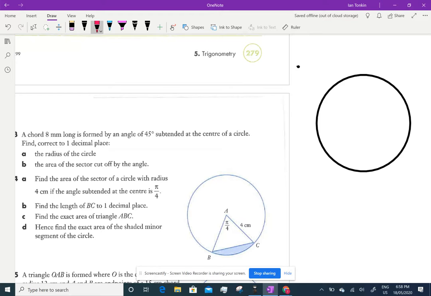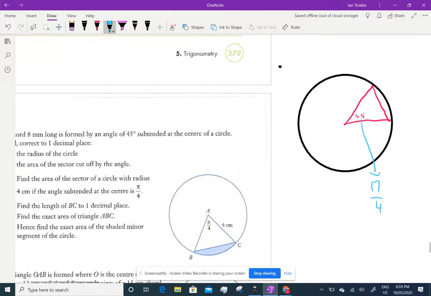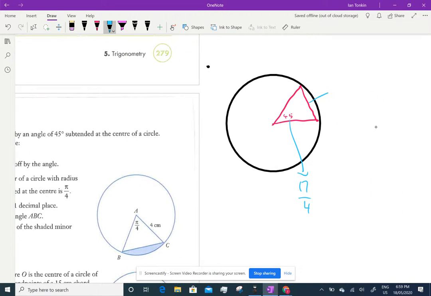It's formed by an angle of 45 degrees. So 45 degrees. Let's go there. That's 45. And there. But we've got to be careful. We don't really want to use 45. We know 45 is pi on 4. And we also know the chord is 8 millimetres.